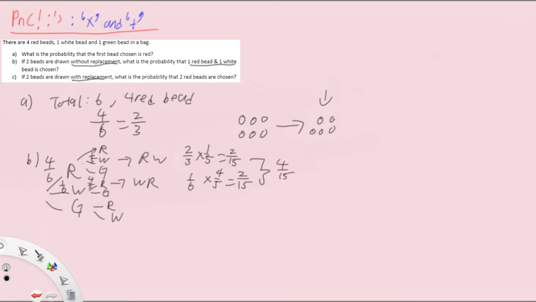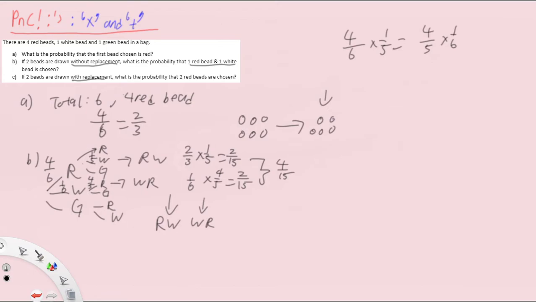Now another way to do it is actually very simple. You can either be red, white, or white, red. And because when we want to find each individual case it's the multiplication principle, it doesn't really matter. Let's say we have 4/6 times 1/5. It's the same as 4/5 times 1/6.